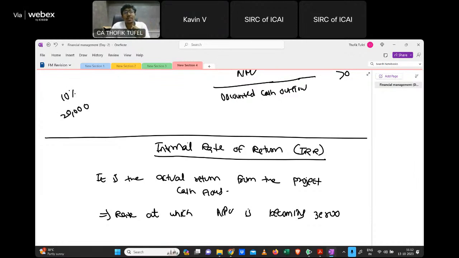When you increase the rate, your NPV reduces. Suppose at 12% your NPV becomes 10,000 rupees, just an example. You increase the rate, and at some percentage it will become zero. You cannot identify it directly; it could be 13.75% where this becomes zero. So how to calculate this 13.75 is the issue.